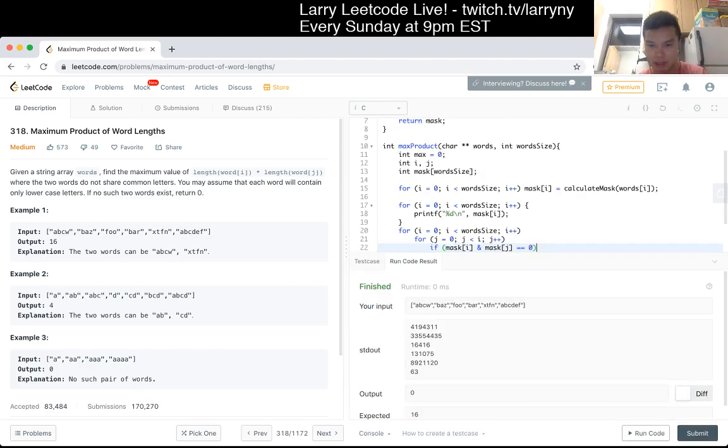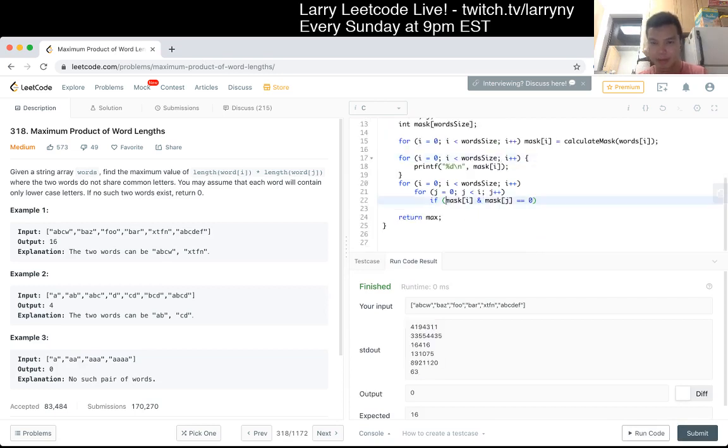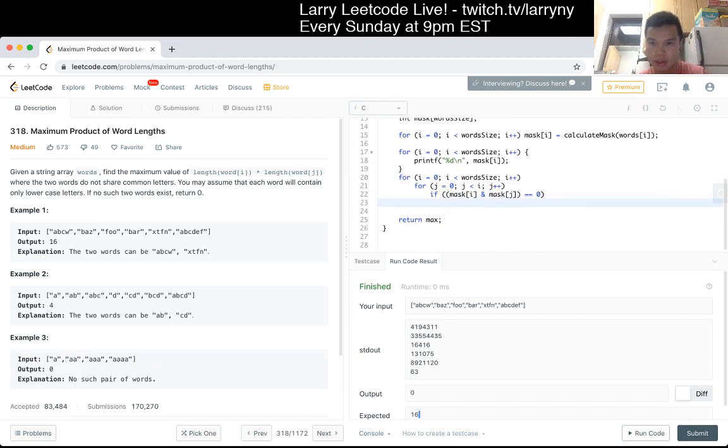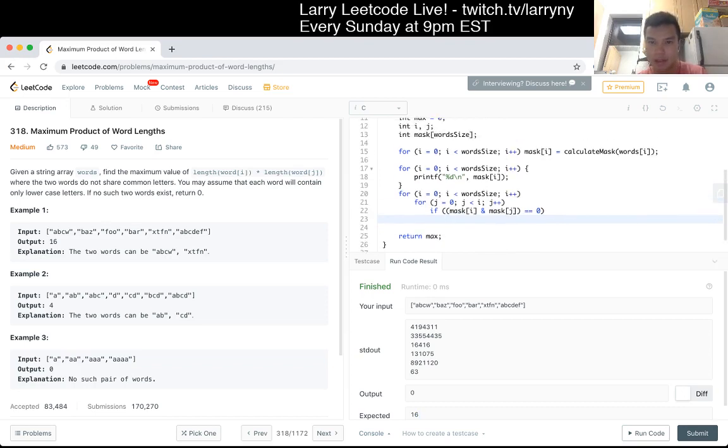This seems maybe okay. Actually, this is right. That means there's no overlap.